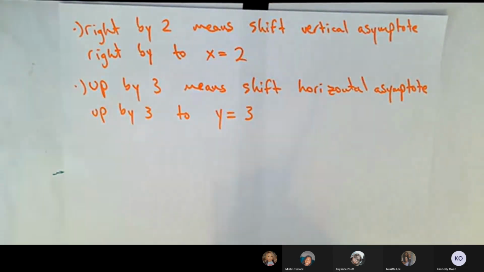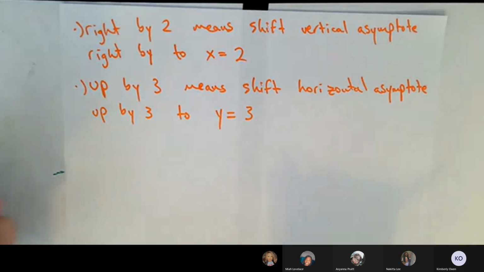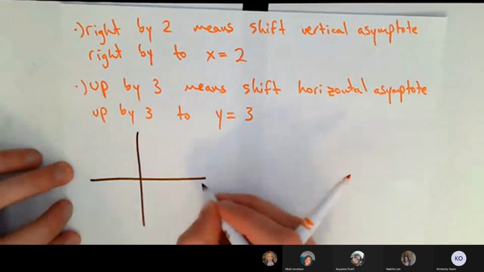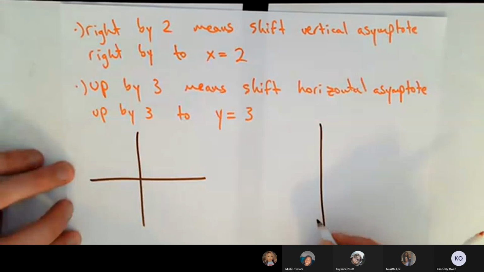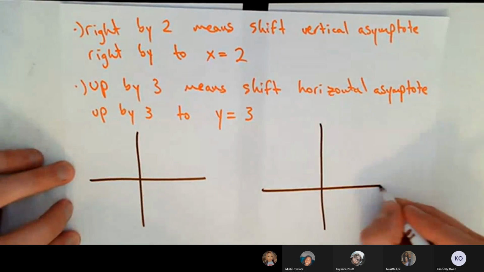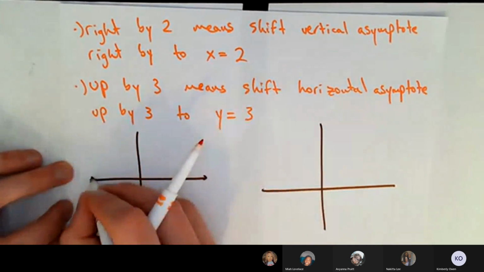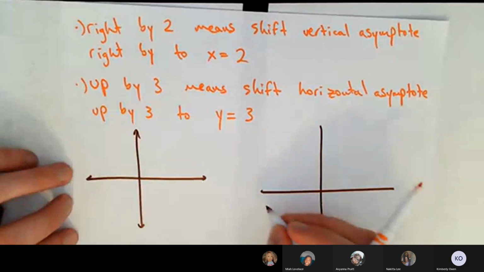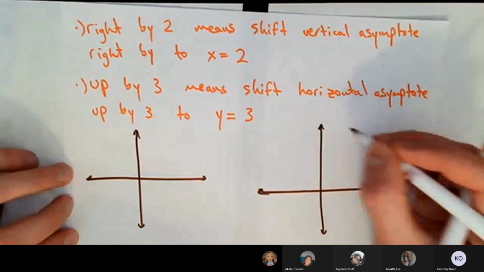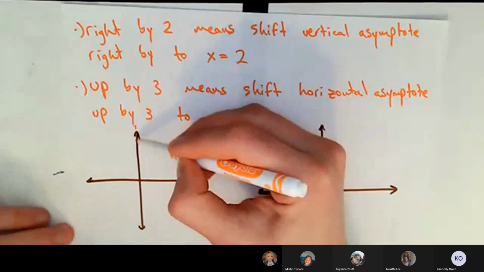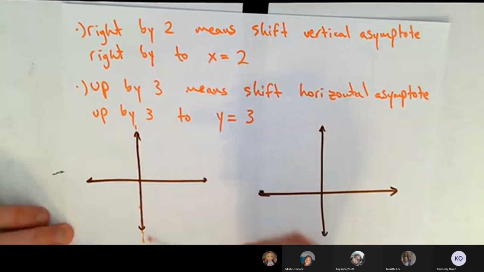So where is this new graph going to be? Let me draw the new asymptotes. I'm going to plot down the base graph first. The base graph has asymptotes just on each axis, so I'll draw these with the orange line there.